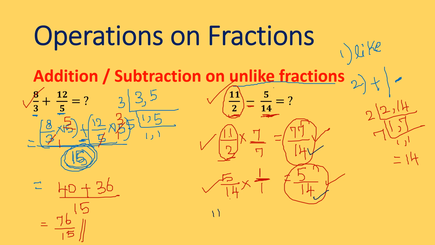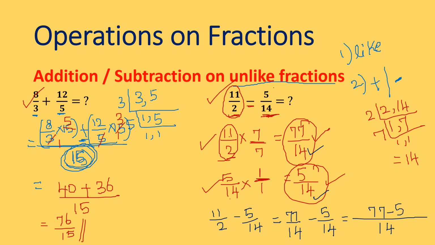So 11 by 2 minus 5 by 14 has been written as 77 by 14 minus 5 by 14. Both have the same denominator, so I take the common denominator and just subtract the numerators, which is 77 minus 5. What will be the answer? 77 minus 5 is 72 by 14.